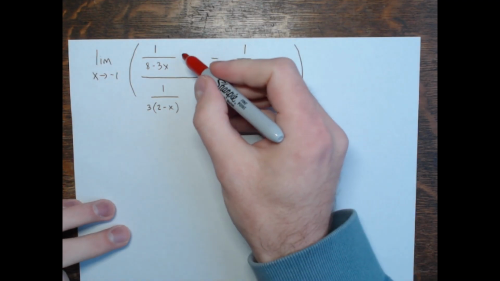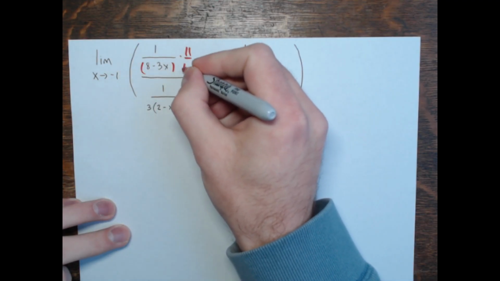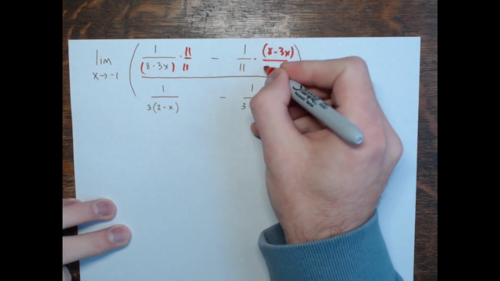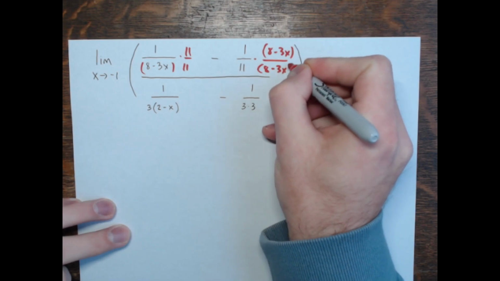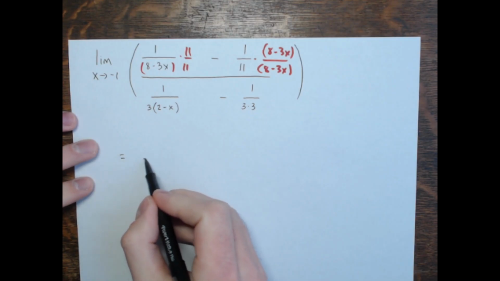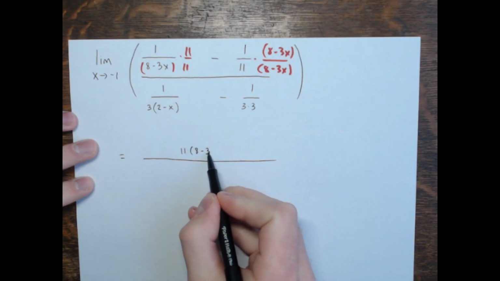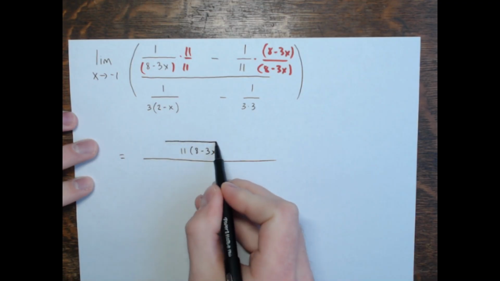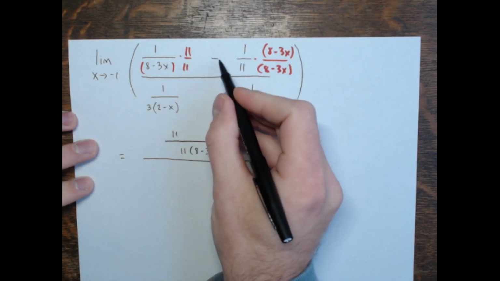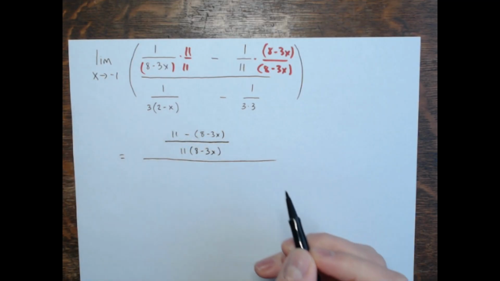I'm going to put things together. I'm going to put the stuff up top together. This needs to be multiplied by 11 over 11. And this needs to be multiplied by 8 minus 3x over 8 minus 3x. So up top, you'd get 11 times 8 minus 3x in the denominator. And then in the numerator, you'd have 1 times 11, and then minus this quantity, 8 minus 3x.